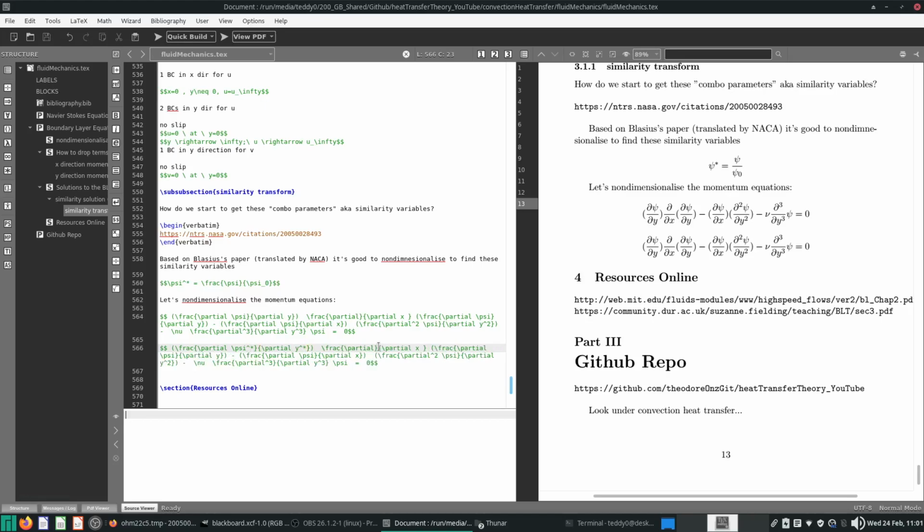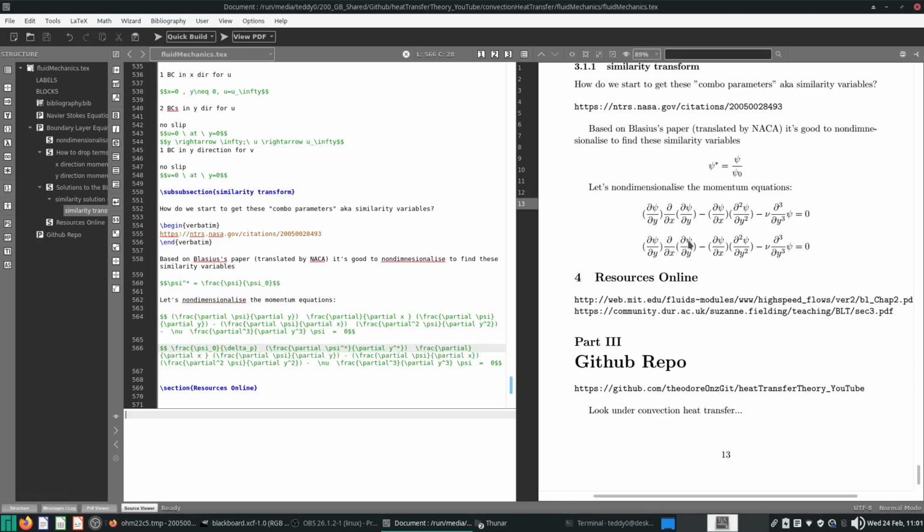On top we will have psi naught, and of course at the bottom we will have y equals y star times the characteristic y length scale. What's the y length scale? That's actually our boundary layer length scale, which is of course the boundary layer thickness.